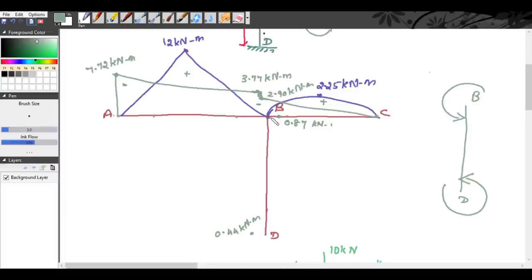So how will we draw the moment here? From this to this, it is a straight line, okay? I'm not able to draw it as a straight line. Trying, but okay.